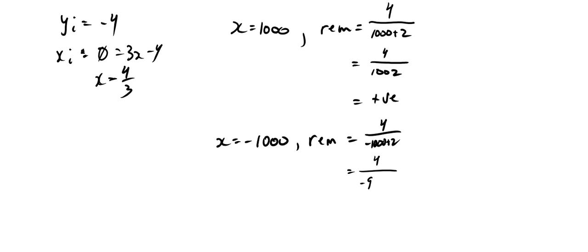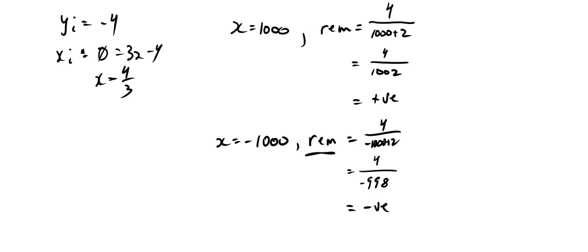Sorry, that's not right, too many 9s. There we go. Not that it really matters because in the end, it's going to be negative, obviously. That's math you can do in your head. You don't really have to show any of that. But it's the remainder that's positive, not the y values. It's the remainder that's positive or negative that we care about.